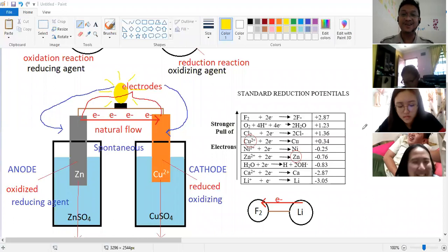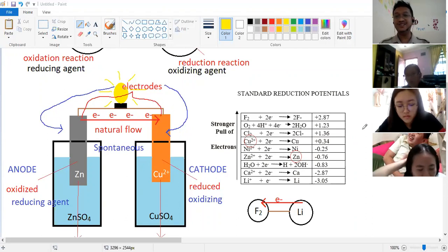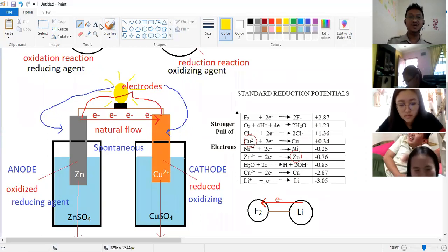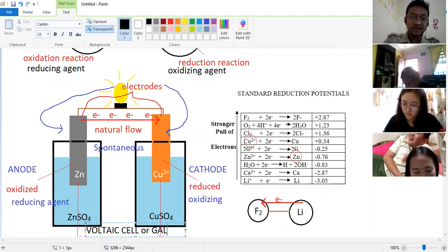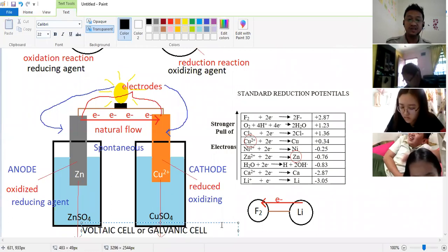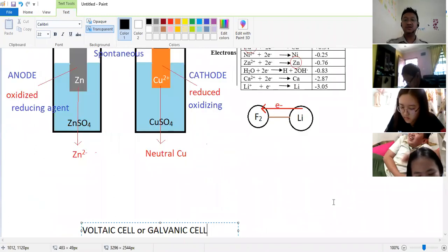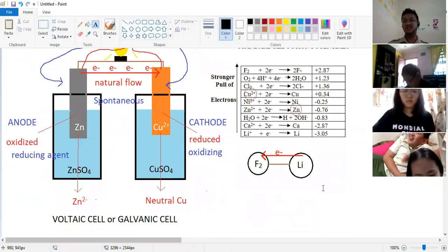We have a correct answer from Alfred: battery. Battery is the best example of this setup, and we call this setup a voltaic cell. Voltaic cell is also known as galvanic cell. An example of a voltaic cell or galvanic cell is a battery or dry cell, or this setup as well. So that's for a spontaneous reaction, where the voltaic cell or galvanic cell is the best example.